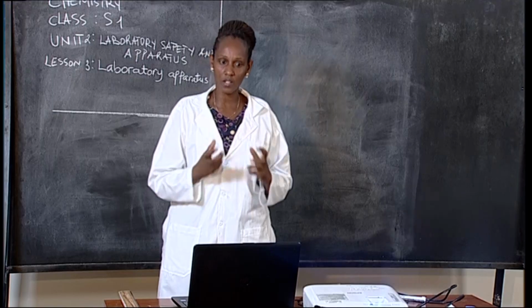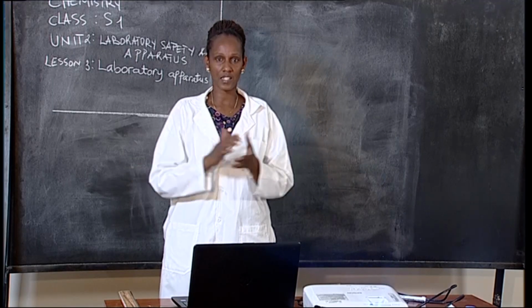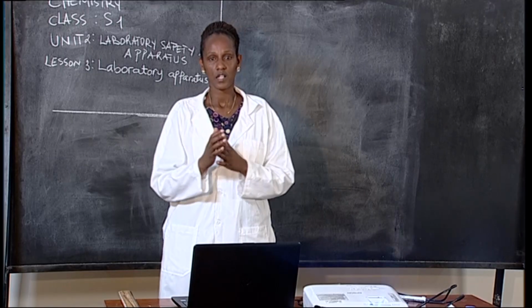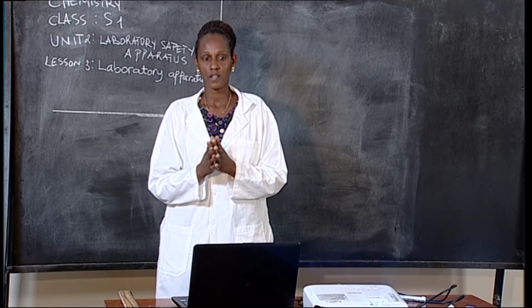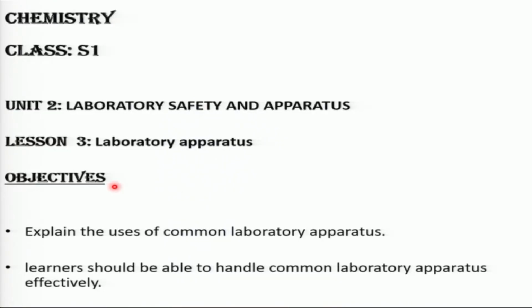And when we don't handle them with care, they may cause accidents to ourselves and to the other learners. So by the time we finish this lesson, we shall be able to tell how to handle common laboratory apparatus effectively, and we shall know those apparatus and their uses. So it is our focus today.